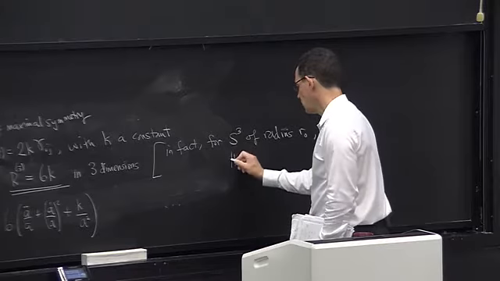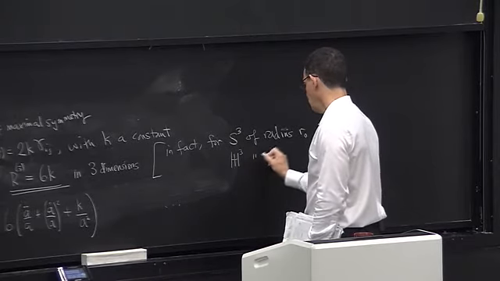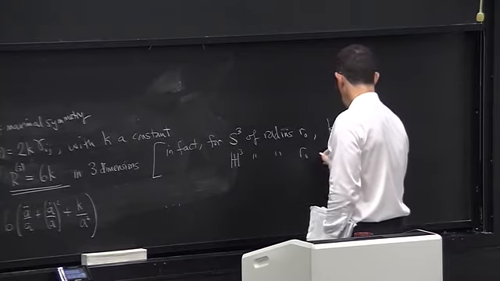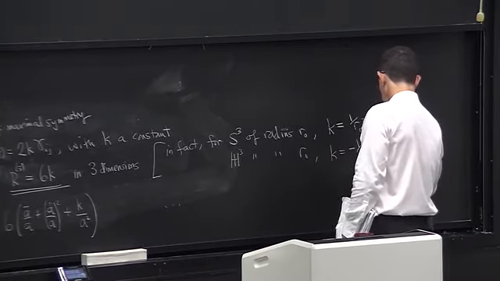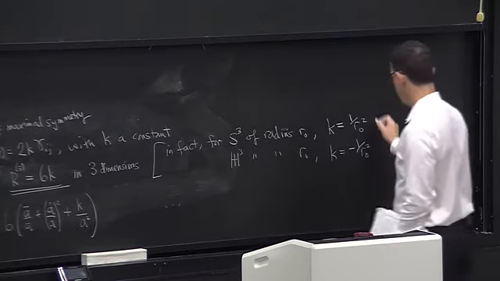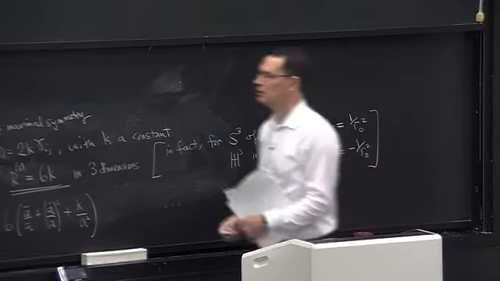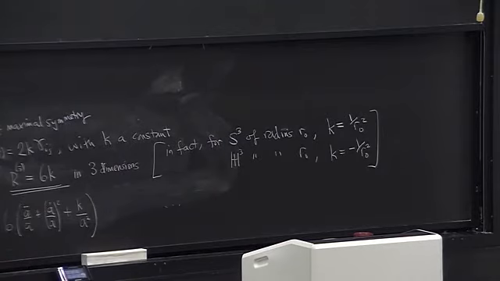And for H3 of radius R naught, K is minus 1 over R naught squared. Okay? So this K is the Ricci scalar, and so basically it represents 2 derivatives of the metric. So it's 1 over a length squared, and the length that's involved is this length, R naught.